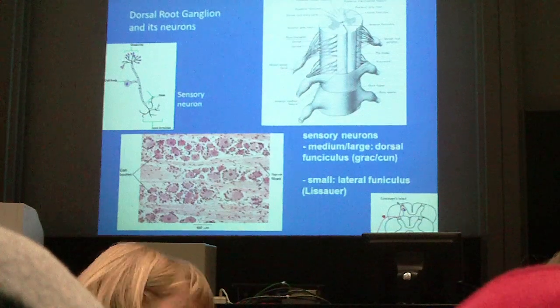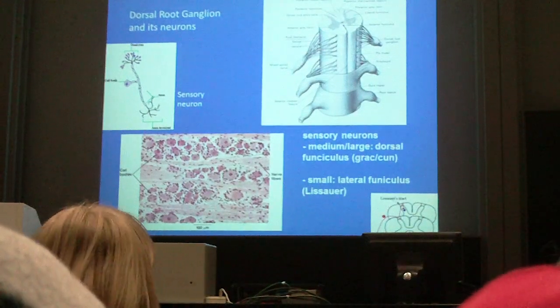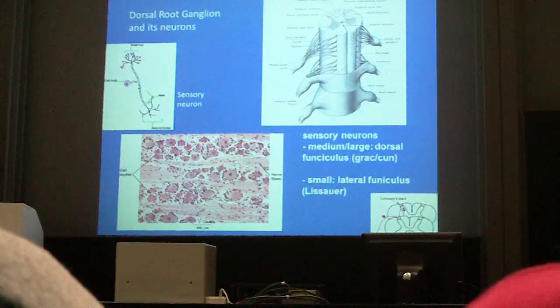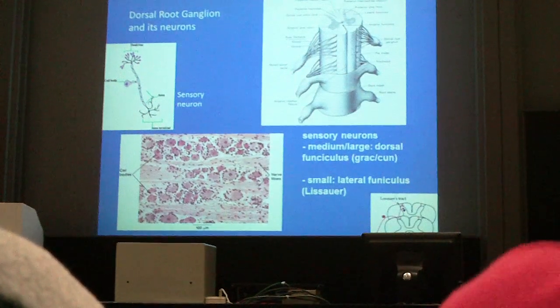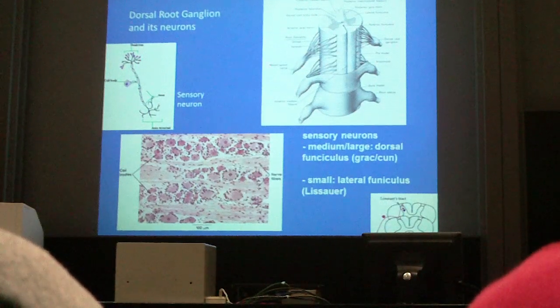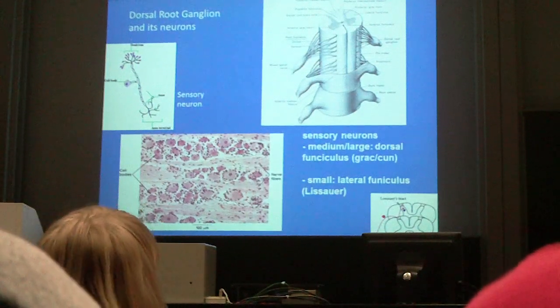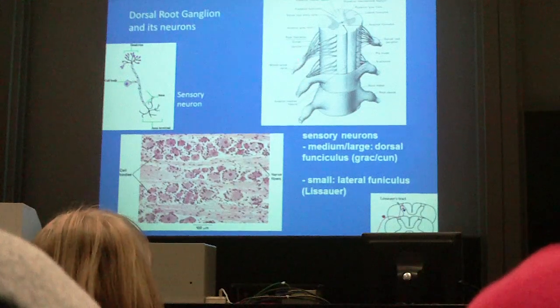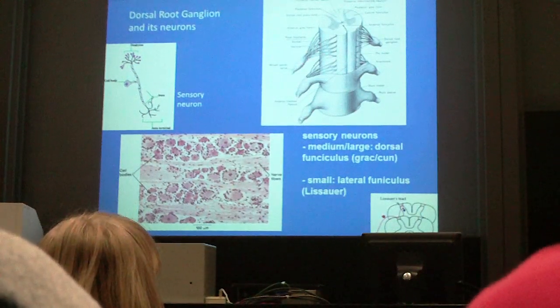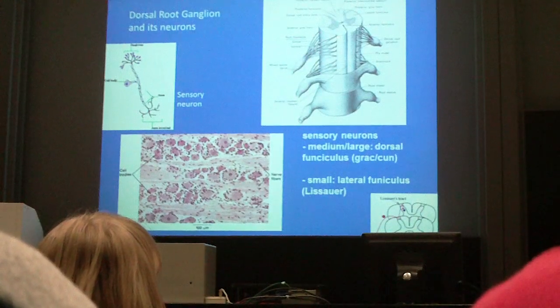Here again, it is important to know this, because later on I will talk a little bit about animal models where you make a peripheral injury. That afferent input does not stay within one segment. You can see here branches go to several segments.